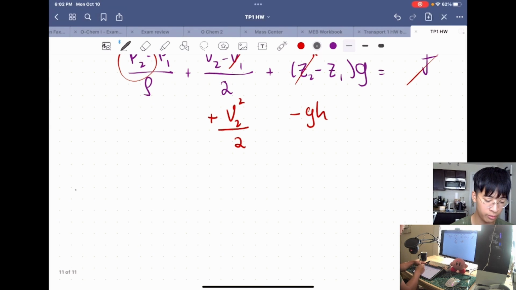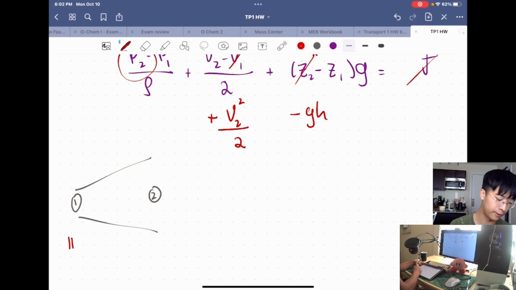So for a gradual expansion of a pipe, and we call this position 1 and position 2, we have some kinetic energy here, and when you expand the pipe, slow gradual expansion, this goes to a low kinetic energy. Okay?